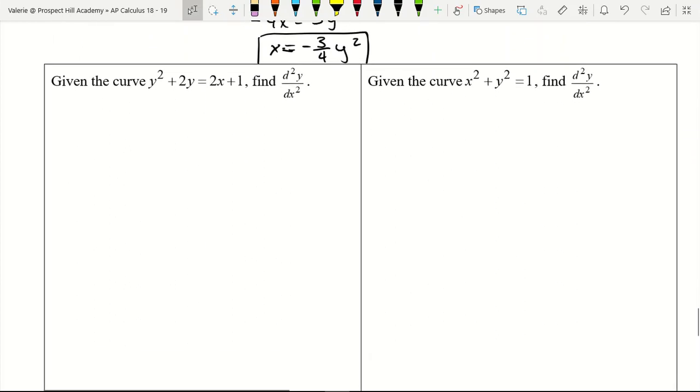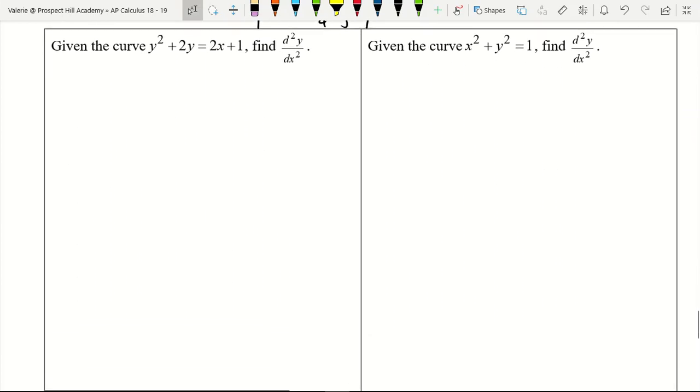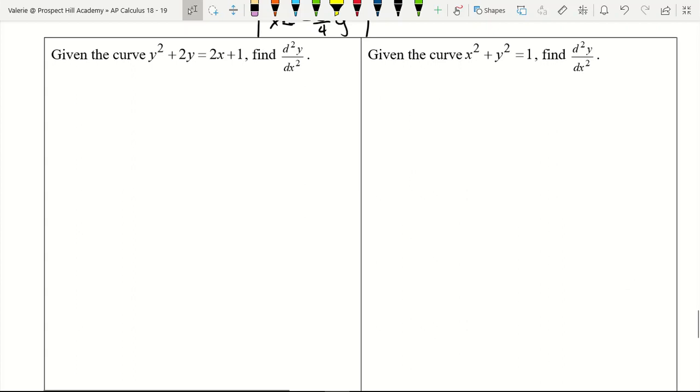So for this last piece of the notes, we're going to introduce a slightly new topic. We want to find not the first derivative, but the second derivative of these functions. So we're going to find the derivative, and once we get that answer, we're going to find the derivative of that.